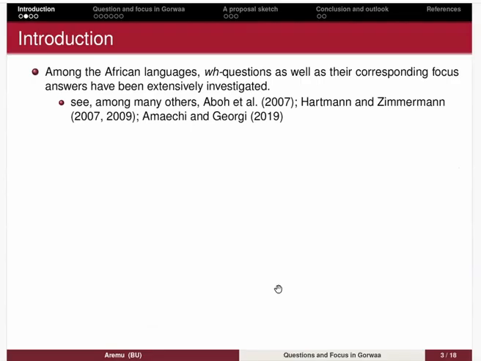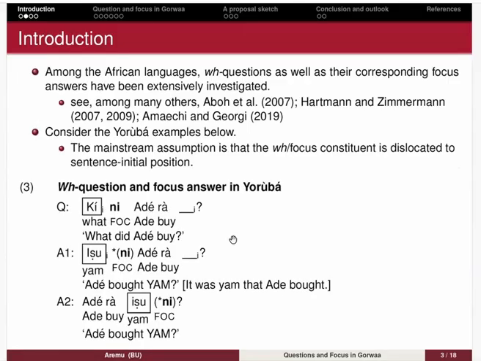Among the African languages, WH questions as well as their corresponding focus answers have been extensively investigated by many scholars. I'm presenting this example from Yoruba, which is my mother tongue. In Yoruba, both the WH question and the focus answer have morphology.